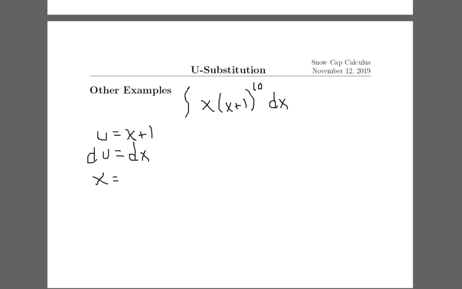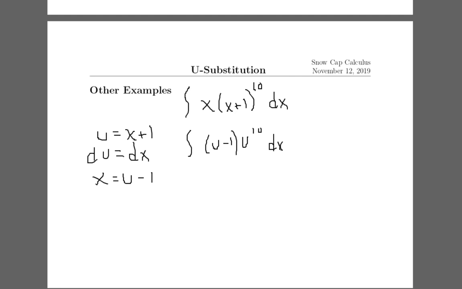We can change this x in terms of u by using our u equals x plus 1. So you would subtract 1 from both sides, and you get x equals u minus 1. So x becomes u minus 1, and then our x plus 1 becomes u to the 10th dx.